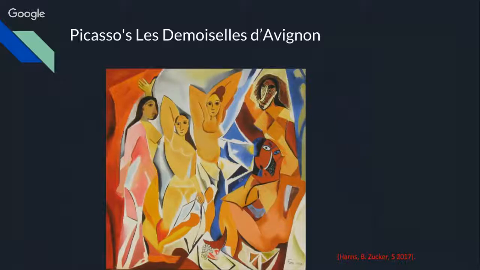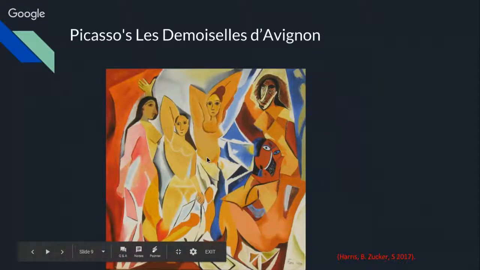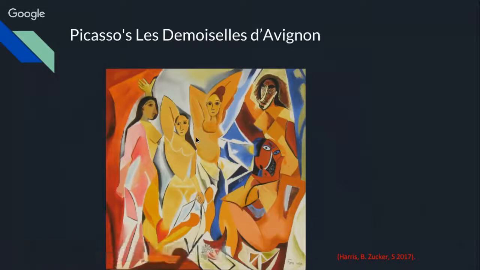And so what Picasso is trying to portray in this painting is these women, right? So these are the main focus, the women. So this refers to a street in Barcelona, and so this street was associated with prostitution.